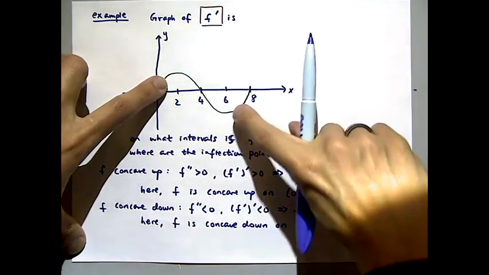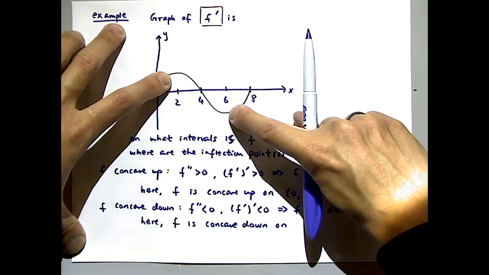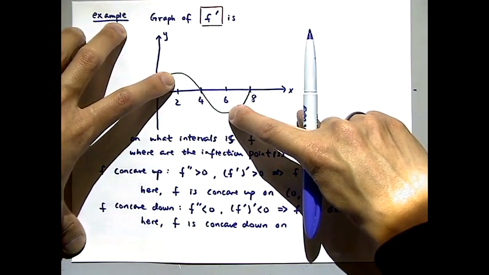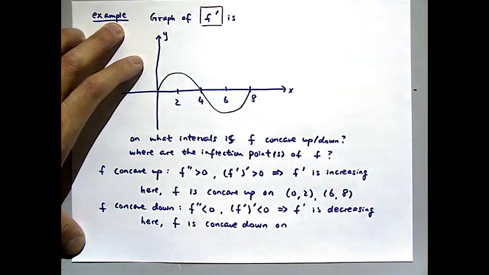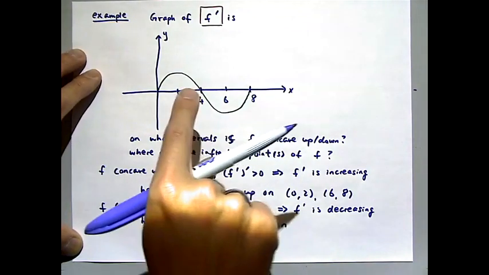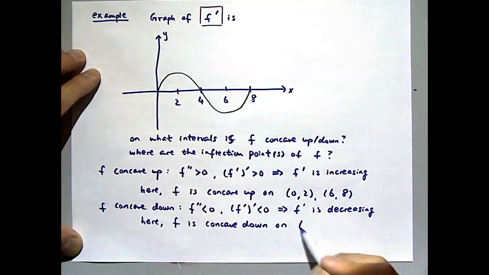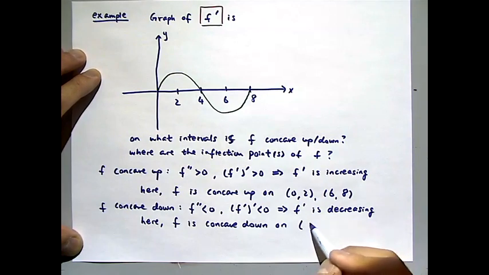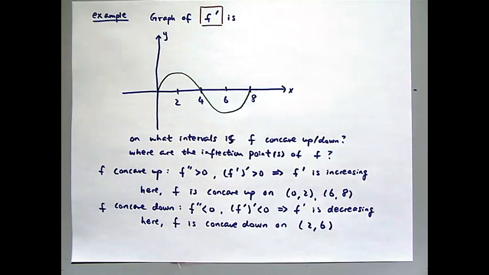We only have one: from 2 to 6, f prime is decreasing. Therefore, on 2 to 6, the function that gave us this derivative must also be concave downward. Any question on those intervals we just found?